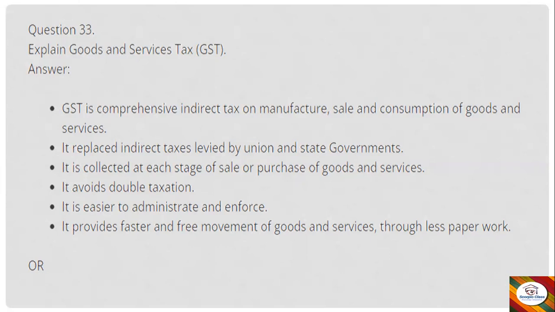It is collected at each stage of sale or purchase of goods and services. It avoids double taxation. It is easier to administer and enforce. It provides faster and free movement of goods and services through less paperwork.